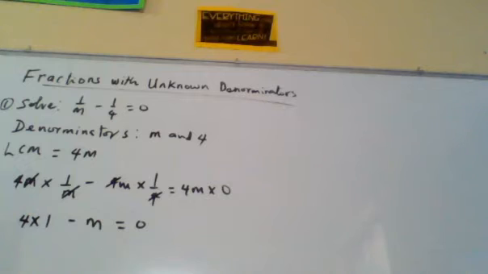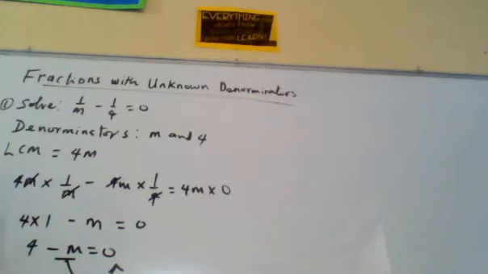Okay, and the step that follows this, I'll have 4 times 1, 4 minus m equals 0, and I'll collect like terms, or I transfer this minus m to this side, it becomes plus. I'll have 4 to be equals to m. So therefore my m equals 4, and that is my answer.